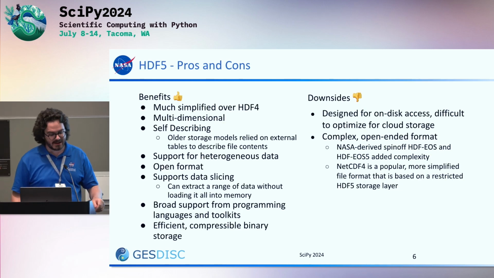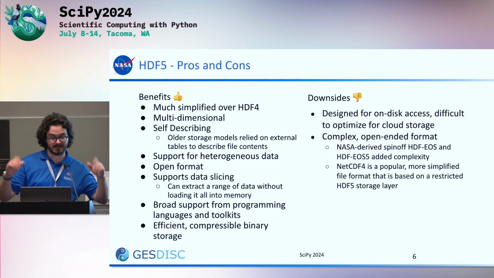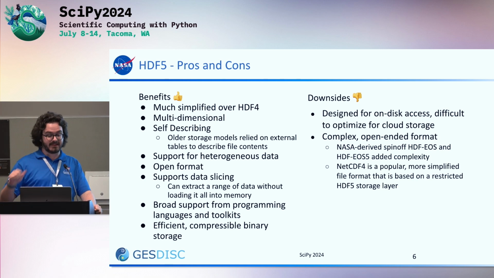So, why is this good? I'm going to talk about specifically HDF5 from this point forward, and so will Eni. The benefit of this is, if you know HDF4, HDF5 is actually much more simple. It allows for multidimensional data.